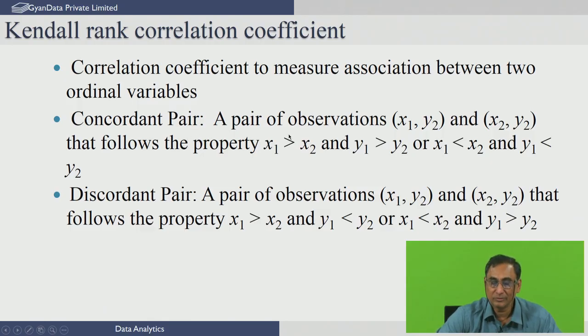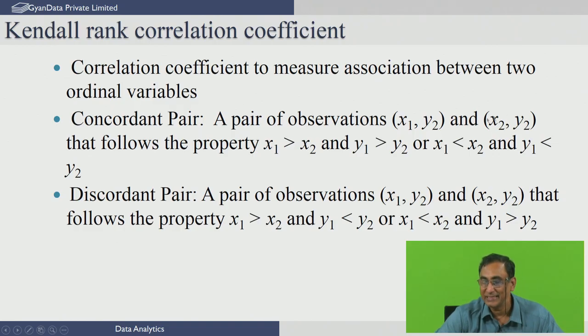If you look at the values, compare two observations, let us say x1 y1 and x2 y2. If x1 is greater than x2 and the corresponding y1 is greater than y2, then we say it is a concordant pair.